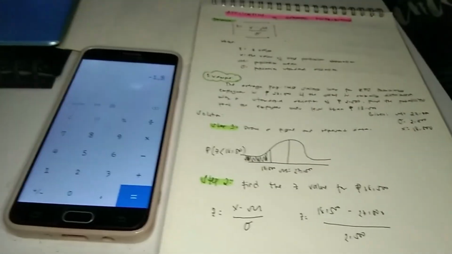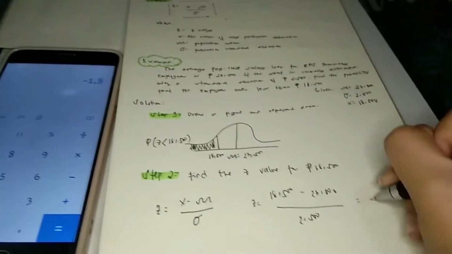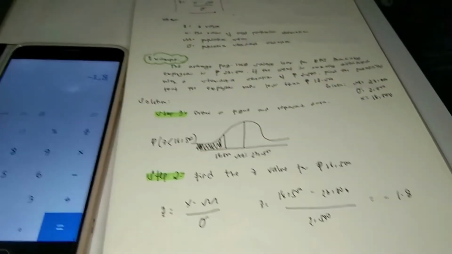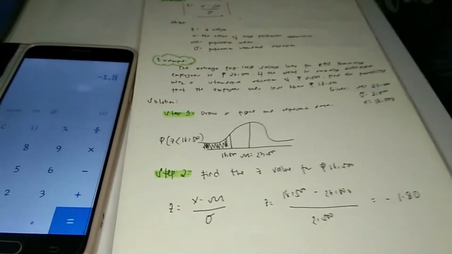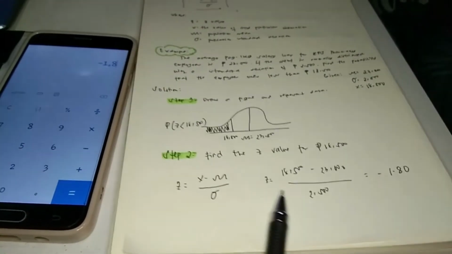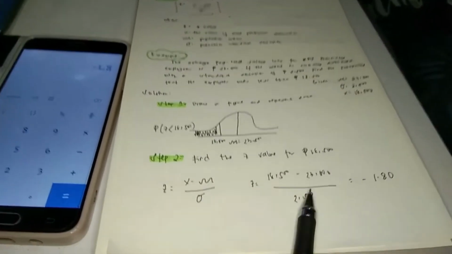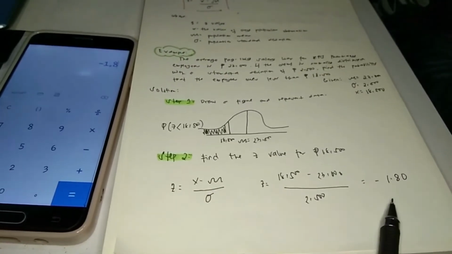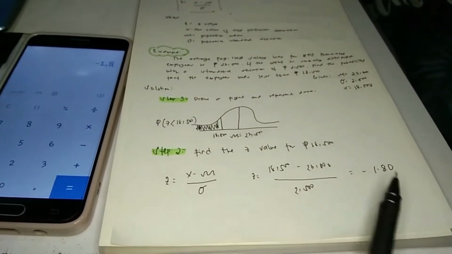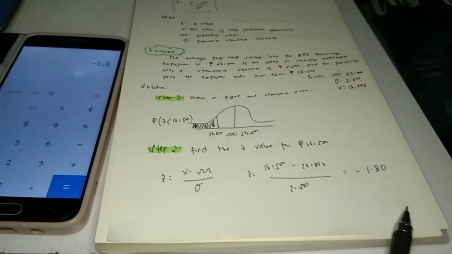Ang nakuha natin ay negative 1.8 or pwede natin siyang gawing negative 1.80. So, ito yung step 2 natin.